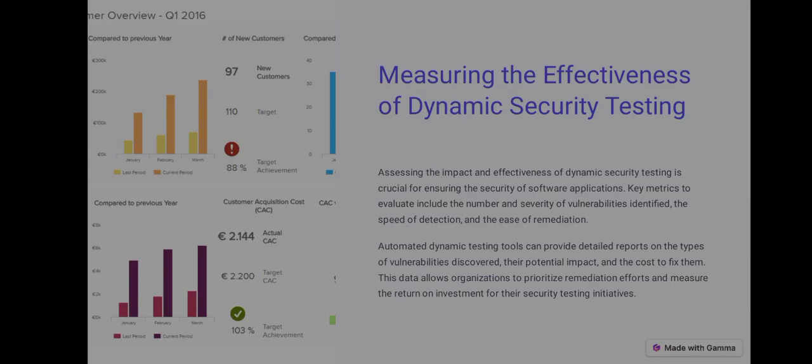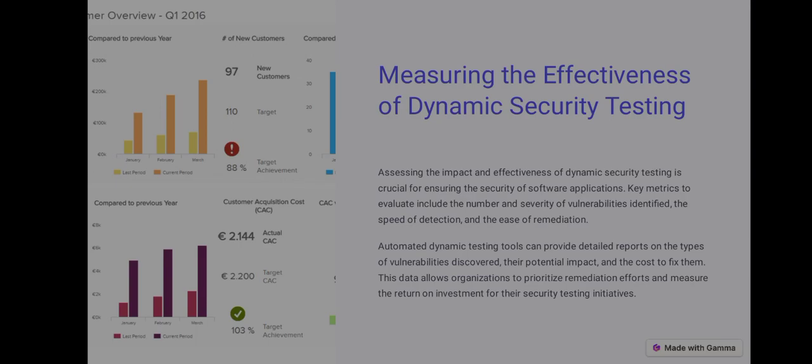Automated dynamic testing tools can provide detailed reports on the types of vulnerabilities discovered, their potential impact, and the cost to fix them. This data allows organizations to prioritize remediation efforts and measure the return on investment for the security testing initiatives.